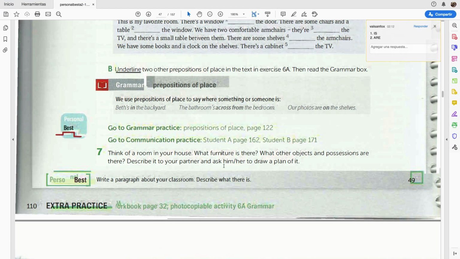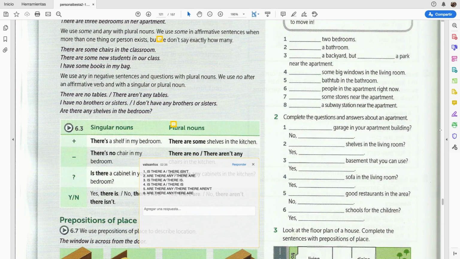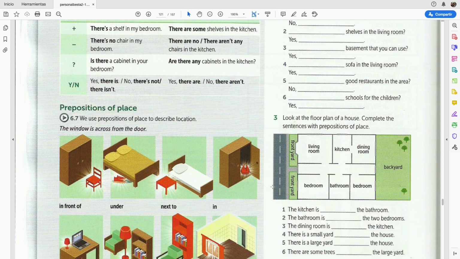All right? Oh, there's an exercise here about prepositions of place. And we finish this part with this exercise, 122, the last exercise. On the last exercise, there is a map as well.